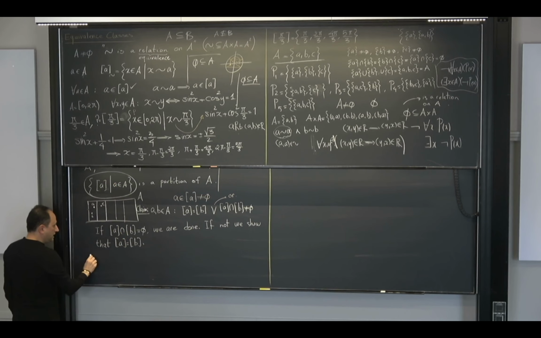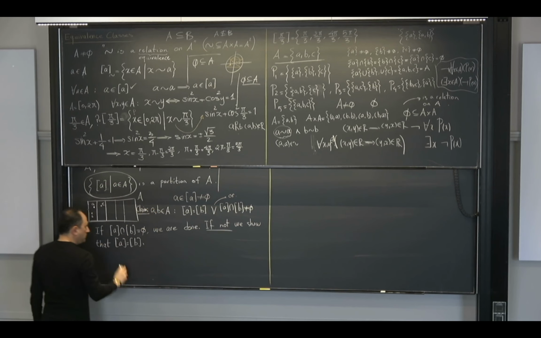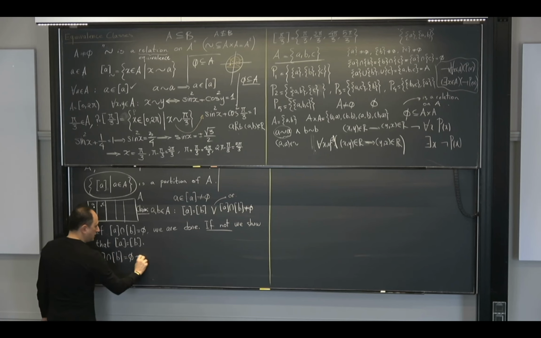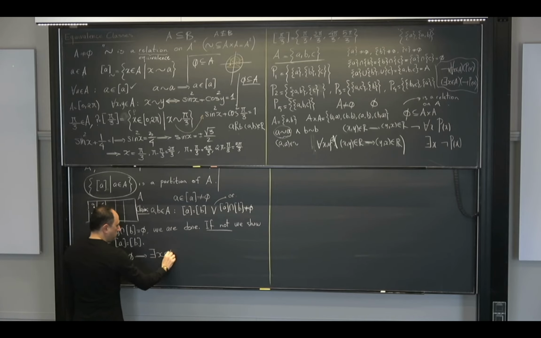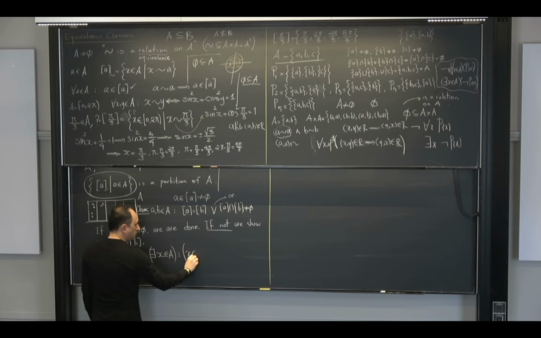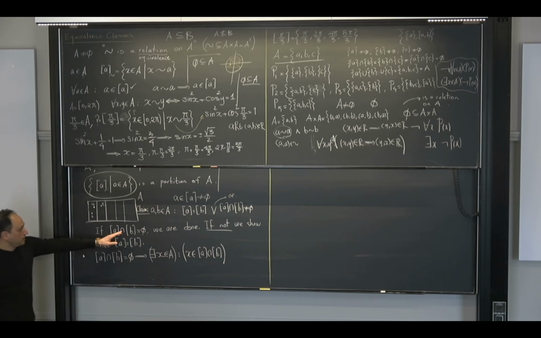When you say if not, it means that I am assuming that the class of A intersect the class of B is not empty. Okay? Then what happens? It means that there exists an X, of course, if you want to emphasize, from your original set, such that X belongs to this intersection.